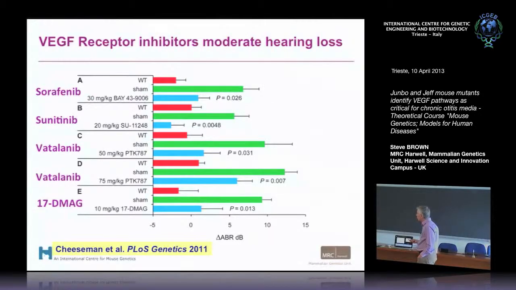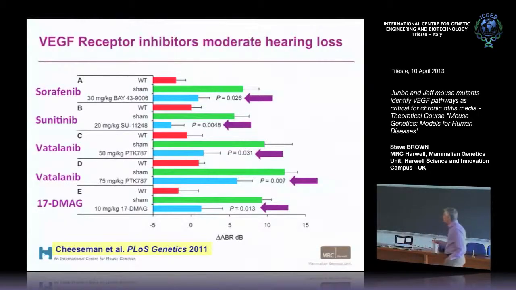The sham-treated mutant mice, you can see that over the 4 weeks that we treated them, the delta ABRs are significantly positive. The hearing's getting worse as the chronic inflammation develops in the middle ear, and these mice can't hear very well. But the important and critical point is that in each of the treated mice, you can see that there's a highly significant amelioration of the hearing loss.